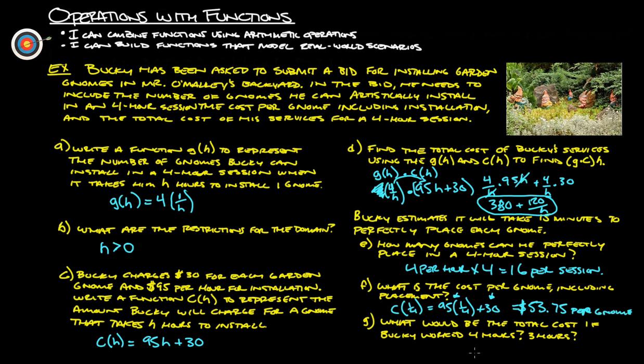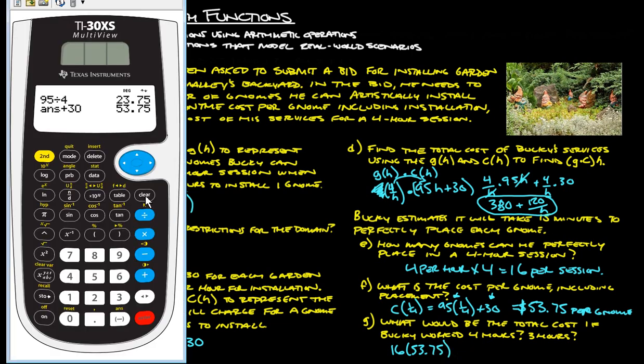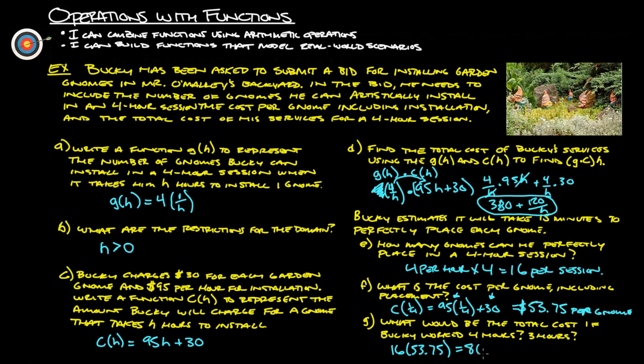Okay, and then what would be the total cost if Bucky worked for 4 hours? Okay, so if he works 4 hours, he can get in 16 gnomes, right? So we could do 16 times 53.75, right? So times 16 gives us $860 for 4 hours.